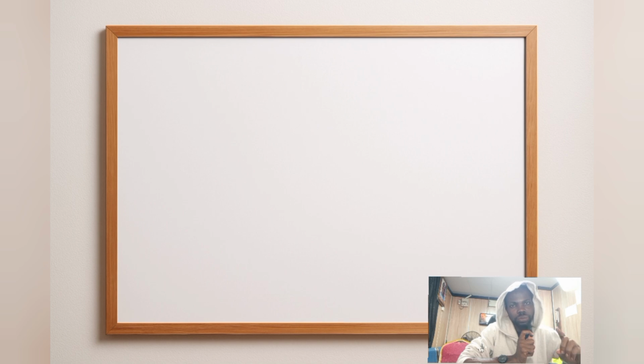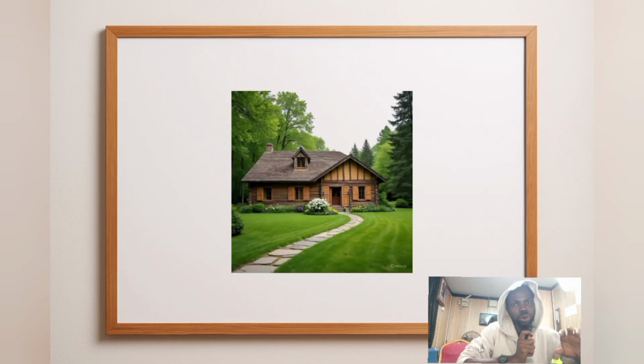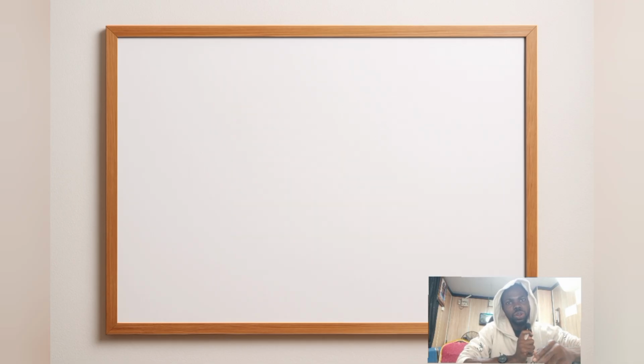Let me explain again. Look at the website as a house. A house is composed of blocks. The same way a website contains blocks. So here we use HTML to put those blocks together. So HTML gives the website its structure.